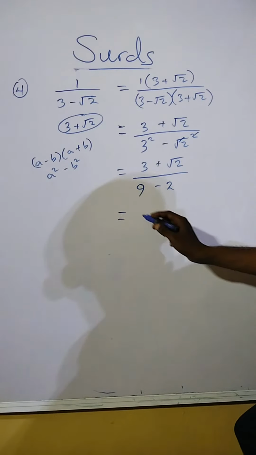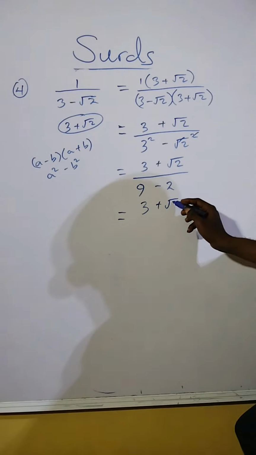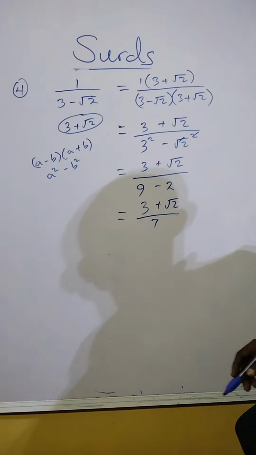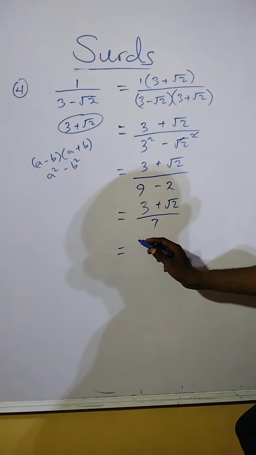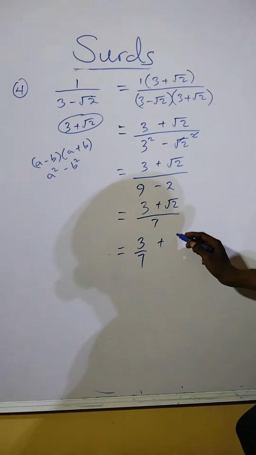And this is same thing as 3 plus root 2 over 9 minus 2, that's 7. So we can as well split this into 2 fractions. And we have 3 over 7 plus root 2 over 7.